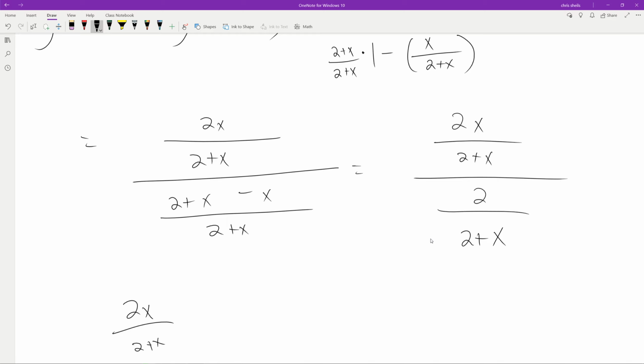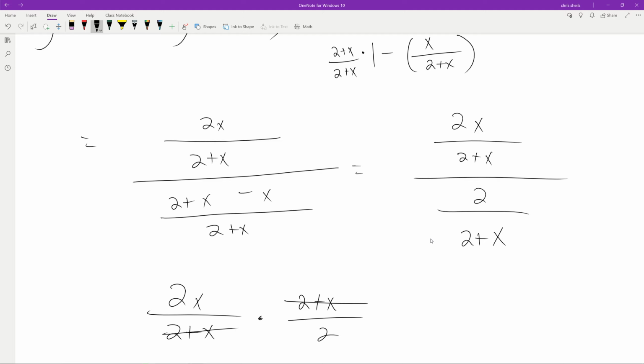Oh, sorry, my drawing tablet got a little bit turned there. This is 2x over 2 plus x times 2 plus x over 2. So I have 2 plus x over 2 plus x. Those are going to cancel. And I have 2 divided by 2 is going to be 1.